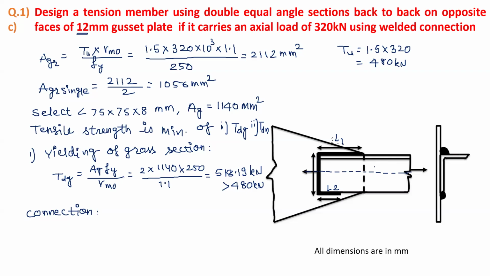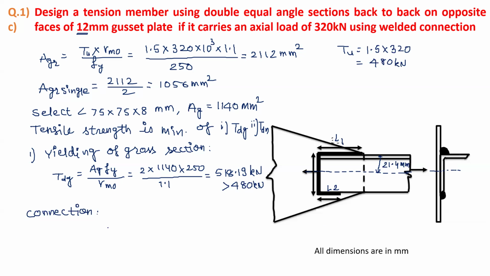We have this value 21.4 millimeter. So this is the CG of this section. You can go to the IS steel table and you will get this value.